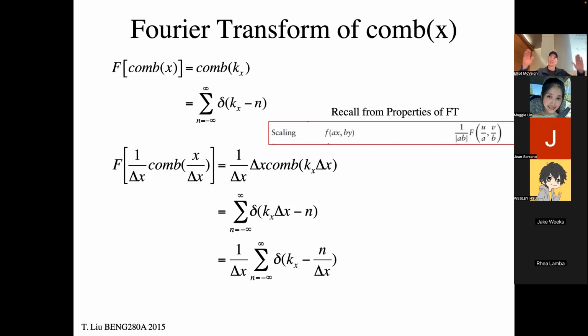And when I go into the Fourier domain, I have 1 over that frequency as the separation of my delta functions. If I put these closer together, these get farther apart. As my sampling comb gets closer and closer together, so delta x is smaller and smaller, then these get farther and farther apart in the Fourier domain.